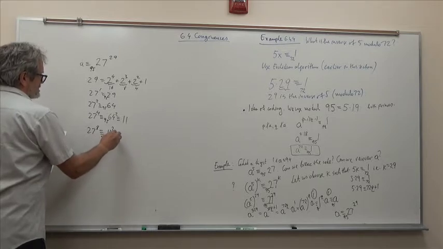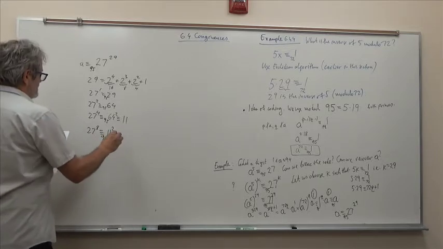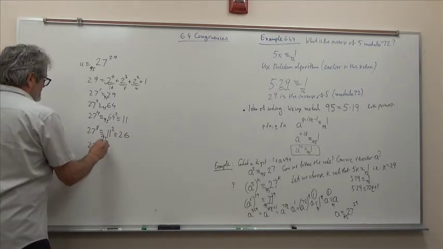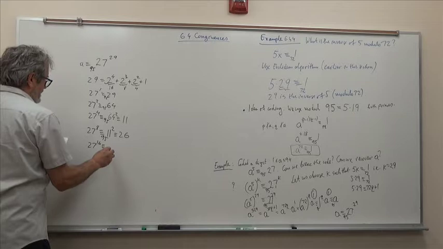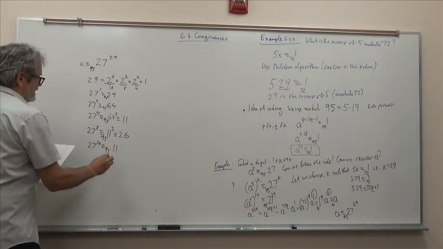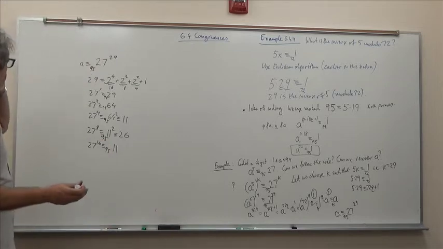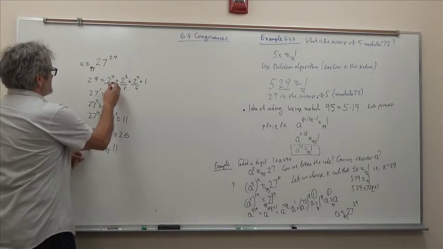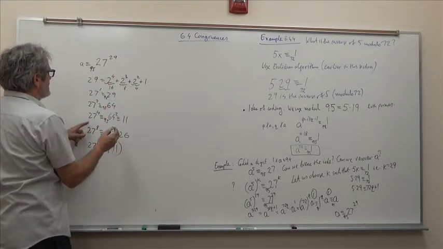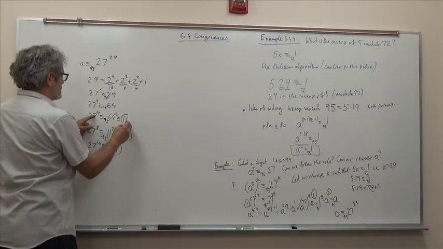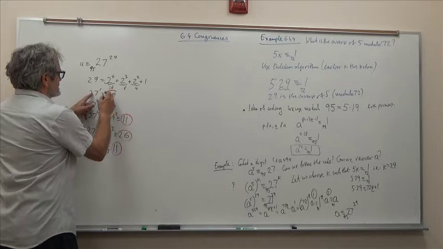That one you can calculate even by hand. That's 26. 27 to the 16th is congruent modulo 95 with 11. And then, the same way as we did earlier today, I need 16, which is this guy. I need 8, which is this guy. I need the 4th power, which is this guy, and just 27 here.